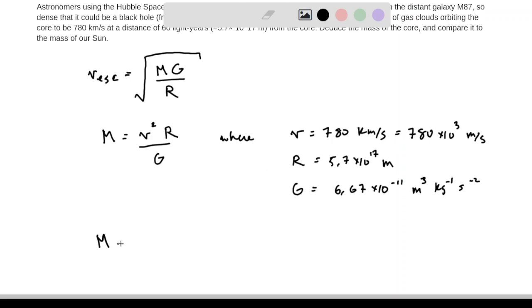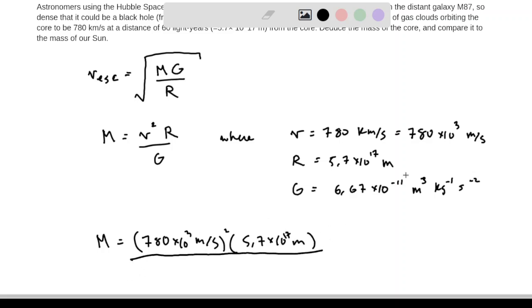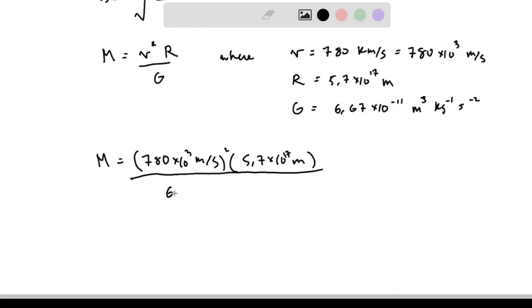Now we're ready to calculate the mass. The mass will be equal to 780 times 10 to the power 3 meters per second, all this squared, times the radius, 5.7 times 10 to the 17 meters, divided by G, 6.67 times 10 to the minus 11 meter cubed, kilogram to the minus 1, second to the minus 2.